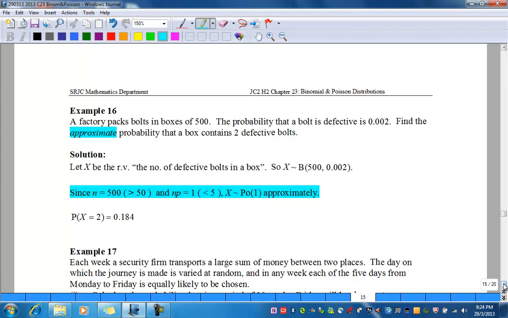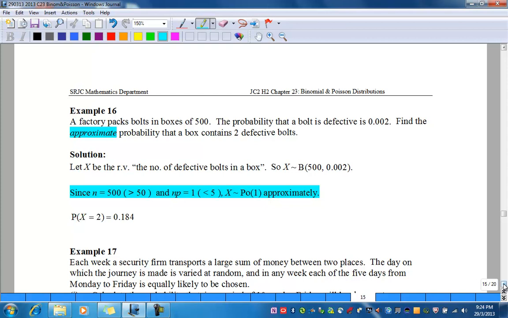So, let us define the random variable x, which is the number of defective bolts in the box. So, x follows a binomial with n 500 and p 0.002. Since n equals 500, which is more than 50, and np, which is 500 times 0.002, which is 1, and is less than 5, therefore, x follows a Poisson distribution with lambda as 1 approximately.